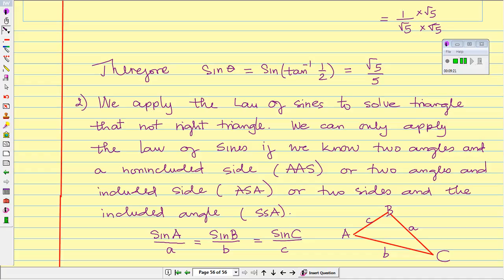So just remember that we can only use the law of sines if we know two angles and one non-included side, or AAS, or two angles and one included side, or ASA, and the last can be two sides and a non-included angle, SSA. So let's begin with the example.